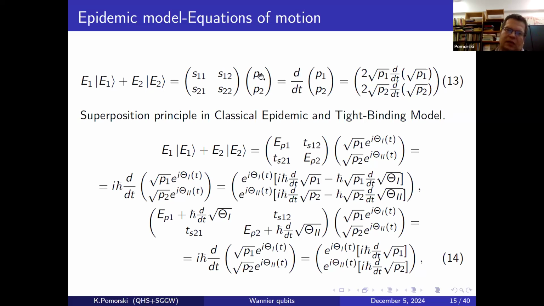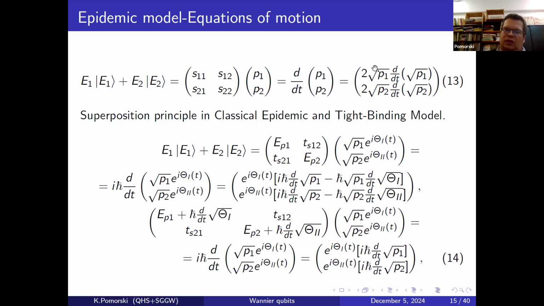This S matrix acts on probability states P1 and P2, and it equals d over dt of this state. This is what I'm calling the epidemic model.